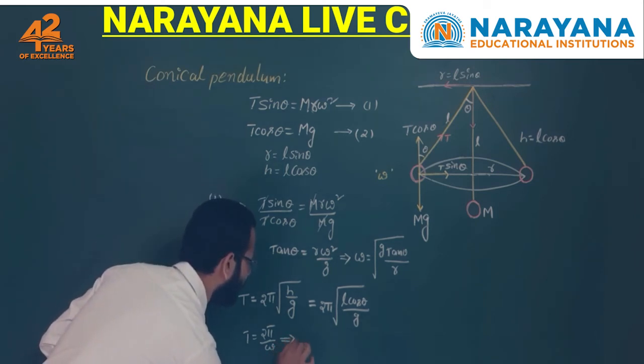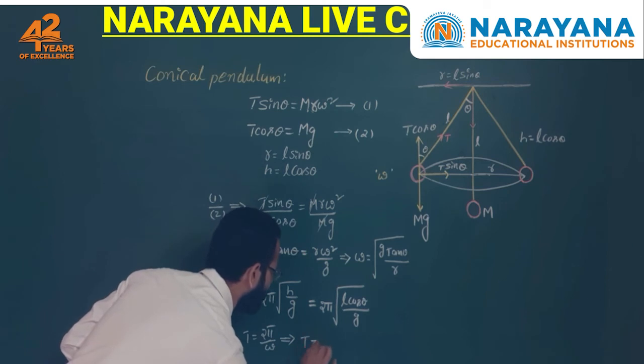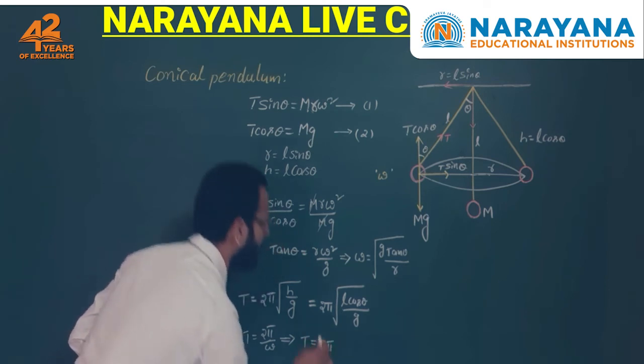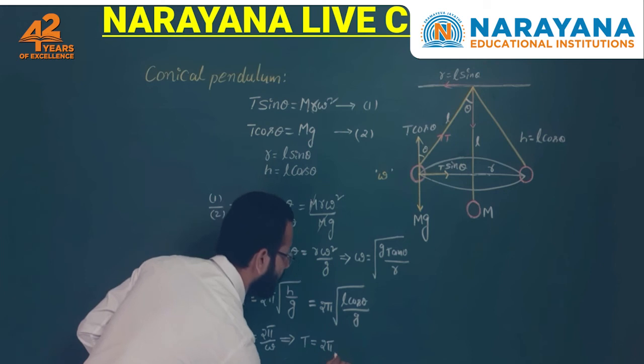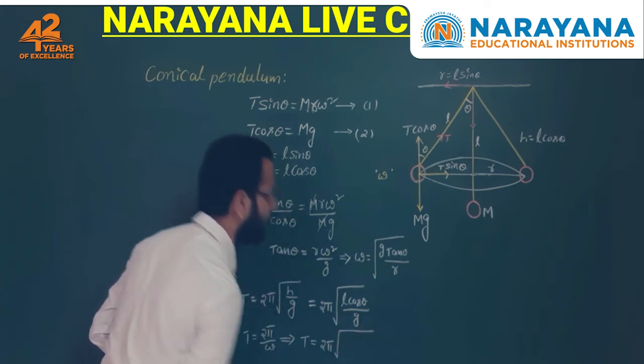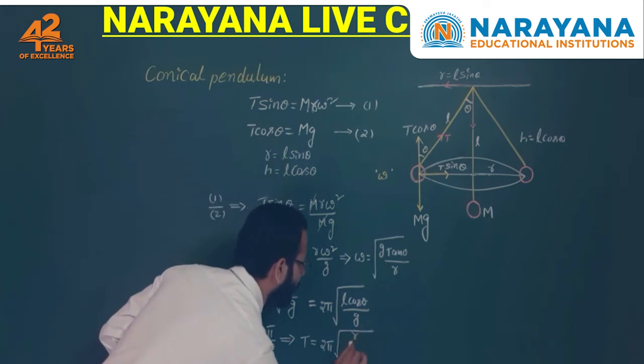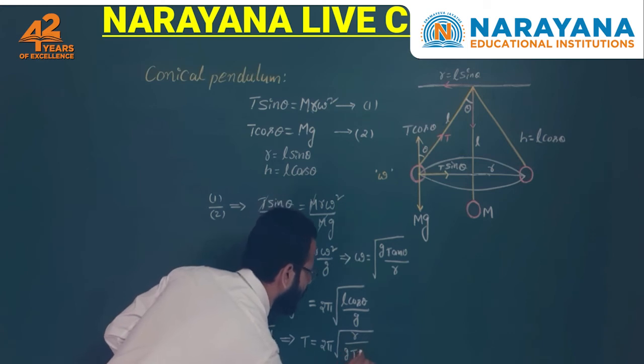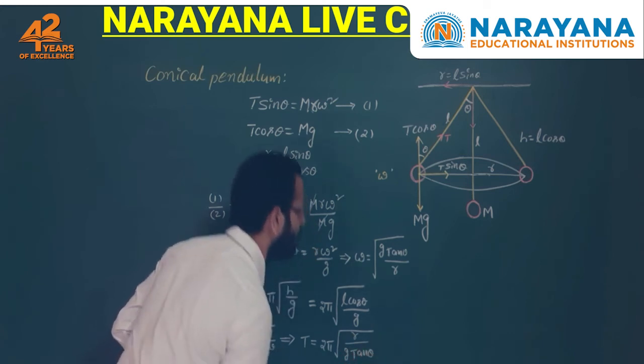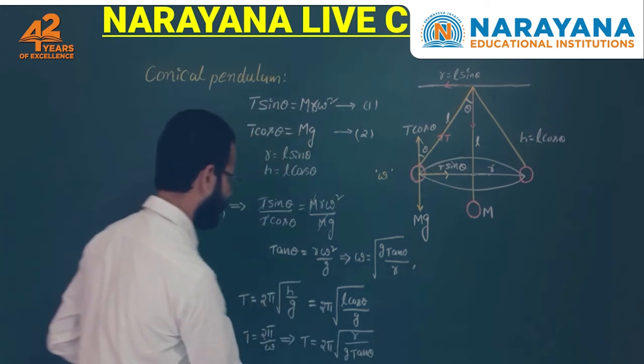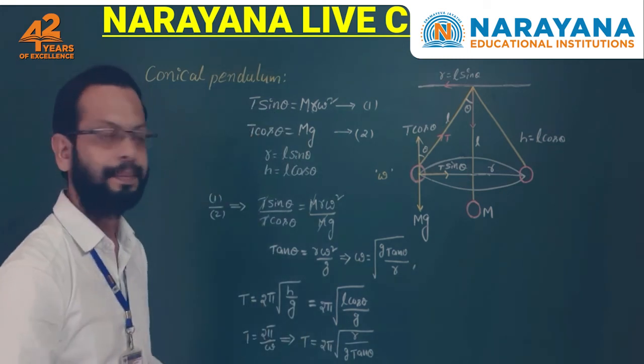Then we will get the time period as 2 pi reciprocal of omega, root of r by g tan theta. This is about the angular speed. This is about the time period.